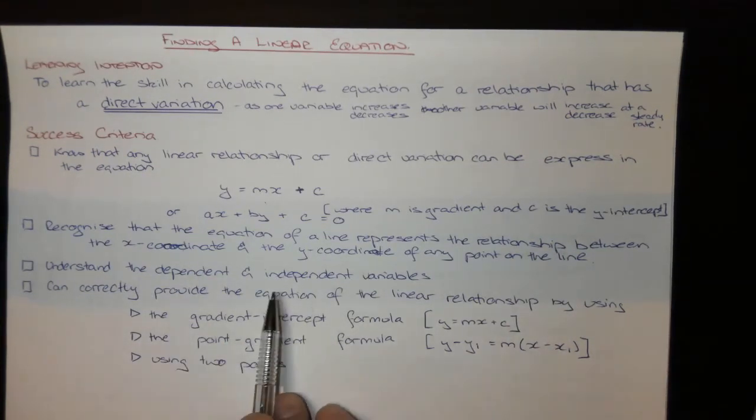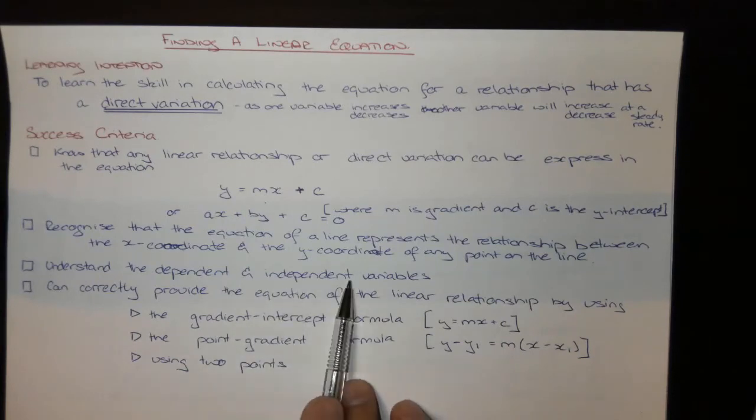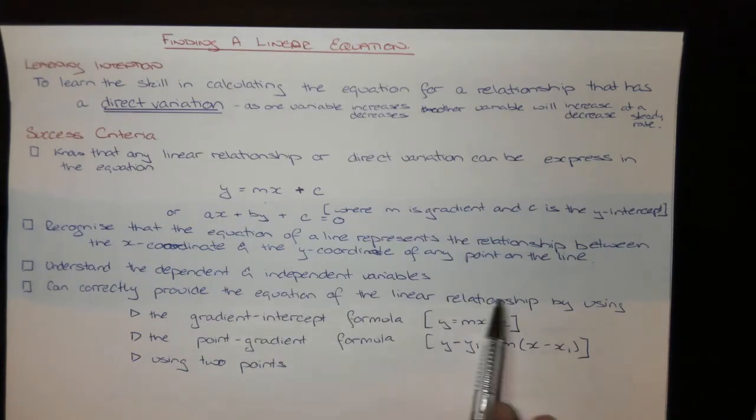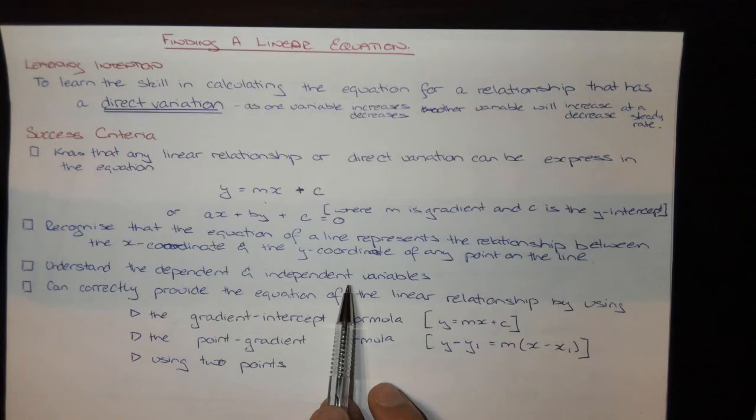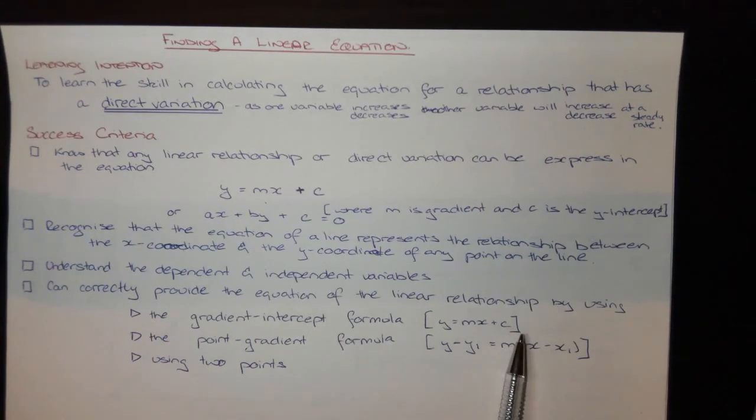Understand the dependent and the independent. So usually the independent is your x because it doesn't depend, that's a consistent, and your dependent is what will change based on your x. And then calculate the equation of the line with the gradient intercept formula, or the point gradient formula, having 2 points, finding the gradient, and then going to the point gradient formula.